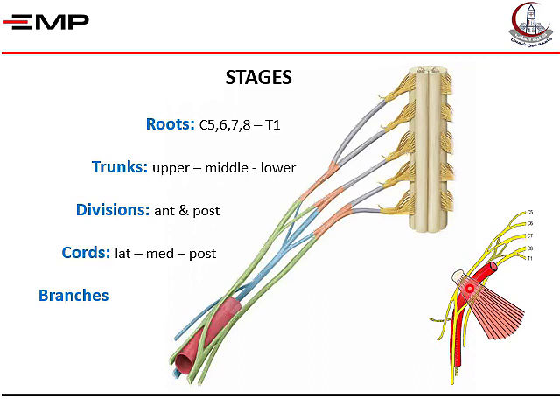The cords are related to the second part of axillary artery as their names indicate, so that the lateral cord is lateral to the artery, medial cord is medial to the artery, posterior cord is posterior to the artery. At the lateral border of pectoralis minor, these cords divide, giving their final branches, as we will see.